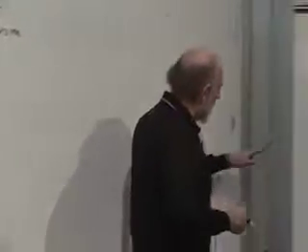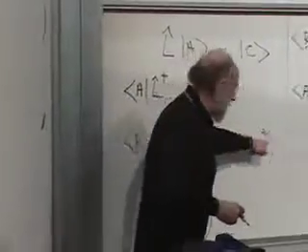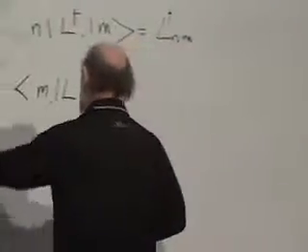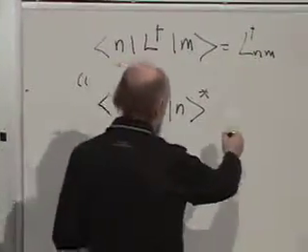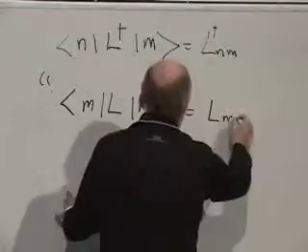That's what this says over here. Interchange bras and kets, and complex conjugate. All right? So we can now write an equation, that this of course is equal to LMN star. Yes. Thank you.